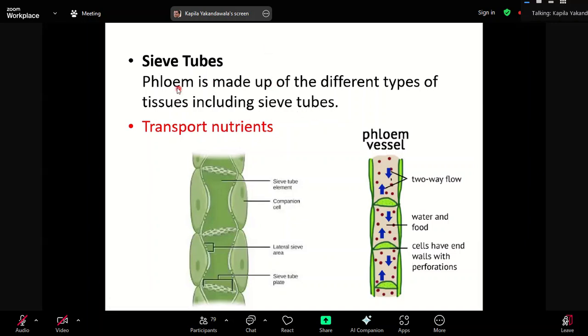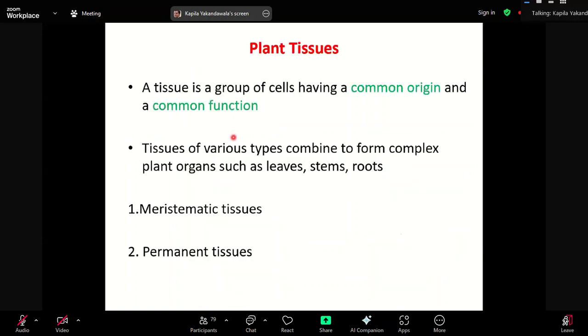Phloem is made out of sieve tube cells. These are the cells. Xylem cells, transport of water and minerals plus giving strength. Sieve tubes, phloem, transport nutrients. So these are the different types of cells.